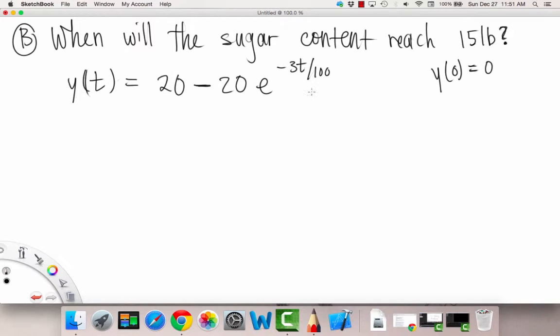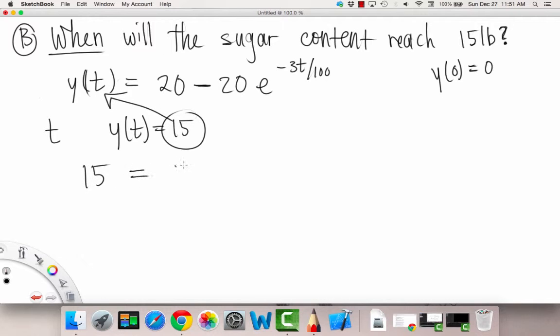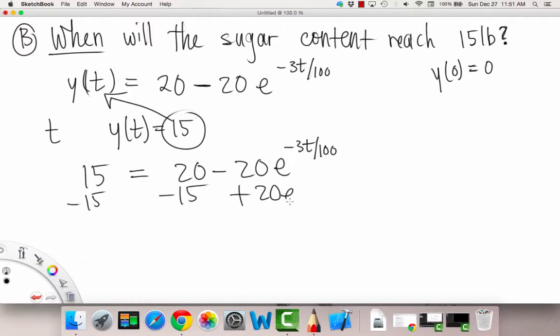We're still working with our same initial value problem, okay? So we're going to use this, and it says when will the sugar, so it's asking for a time. So we're trying to solve for t such that our y of t is equal to 15 pounds, okay? So what we're going to do is just plug this 15 into the left side and solve for t. So we have 15 is equal to 20 minus 20e to the negative 3t over 100. We're going to switch some things around, so we'll subtract the 15 and we'll add this term on both sides.